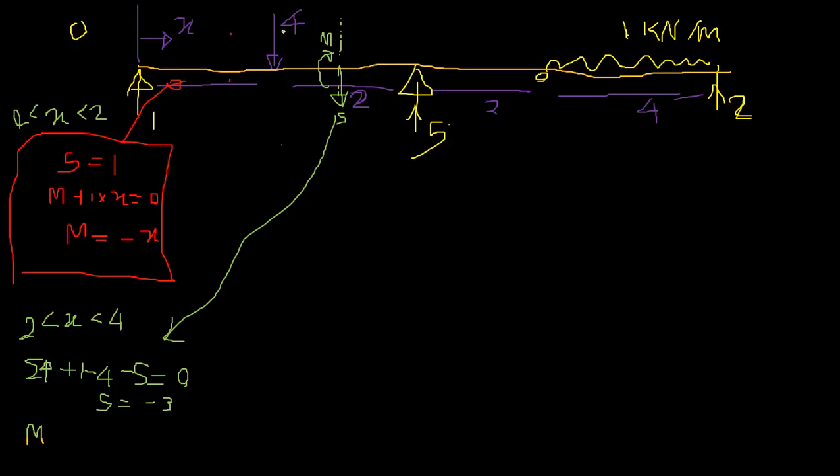So M plus minus 4 into, this is the x distance now, okay? So x minus 2, right? Minus 4 into x minus 2, and then 1 into x, right? That's clockwise direction. 1 into x, right?